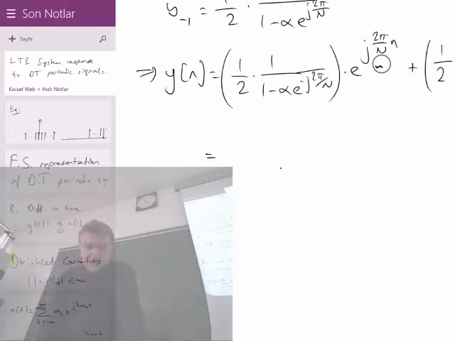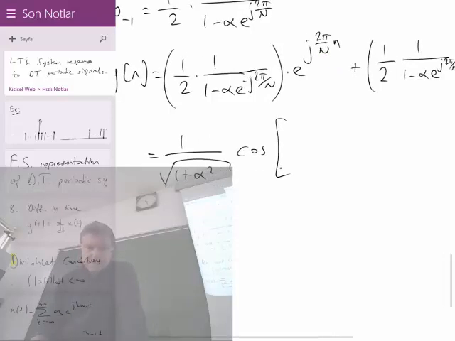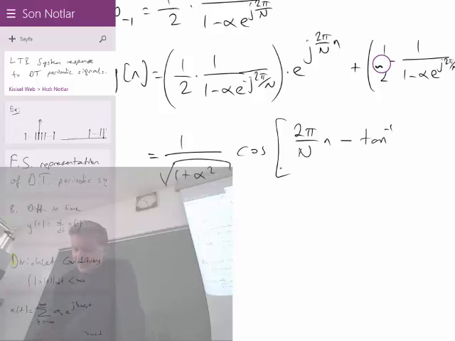It will be equal to 1 over square root of 1 plus alpha squared, times a cosine of 2 pi n over N minus, that's interesting, an arctangent of alpha.